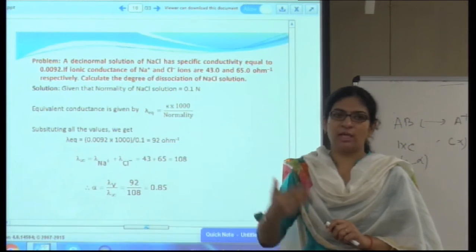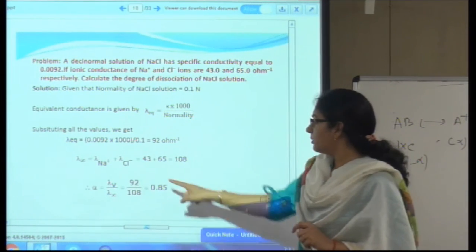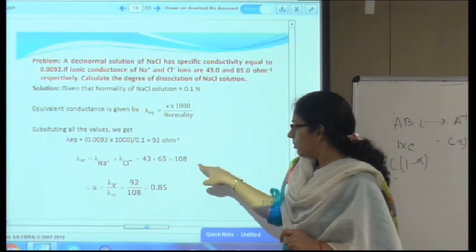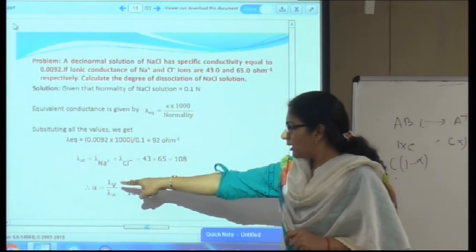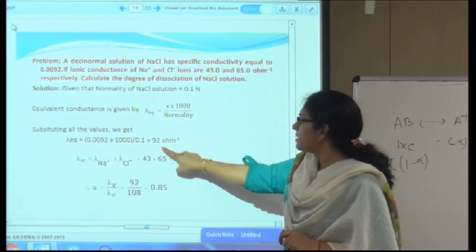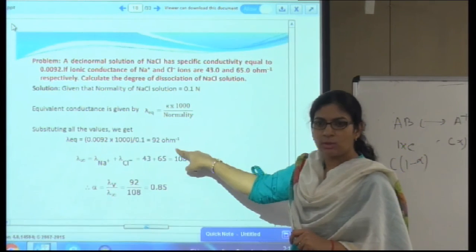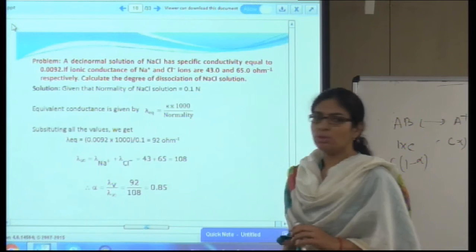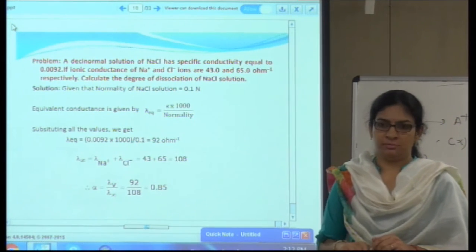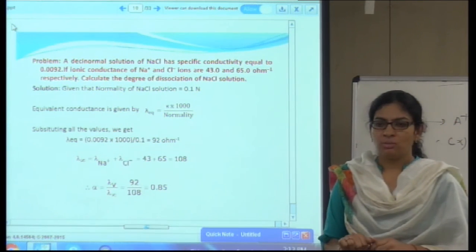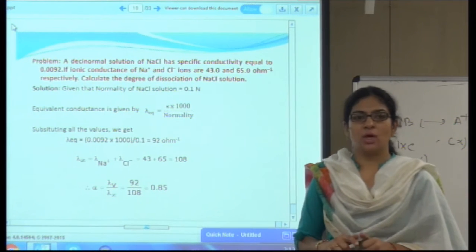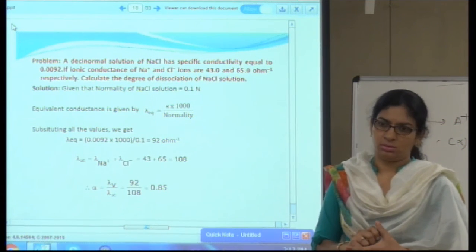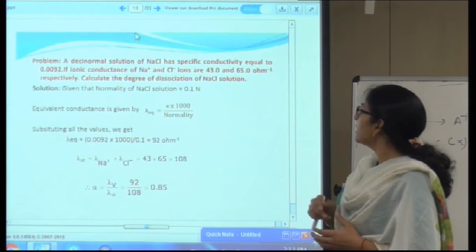At infinite concentration. So you can use Kohlrausch law, take the total, and alpha will be what? This value, equivalent conductance at any concentration divided by that at infinite. So you get this. This is 0.85, right? So it means the degree of dissociation is what? 85%, right? Next slide please.